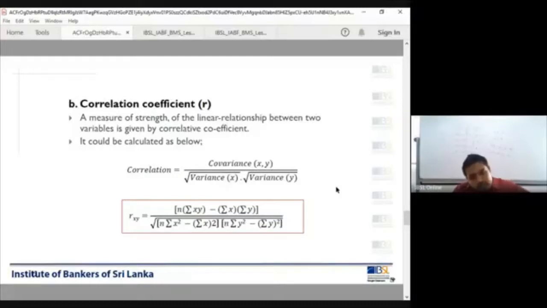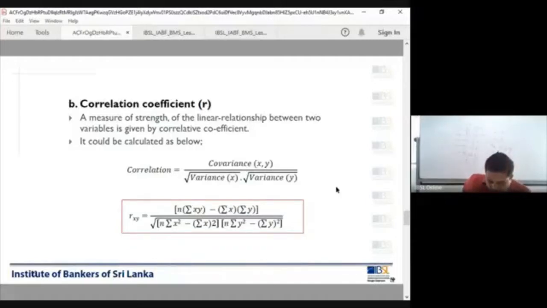It is a measure of the strength of the linear relationship between two variables, which is given by the correlation coefficient. Simple r. I repeat, it is a measure of the strength of the linear relationship between two variables.